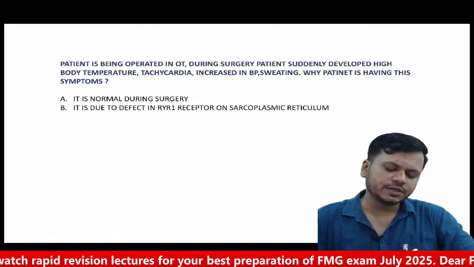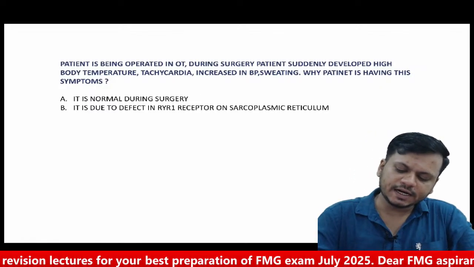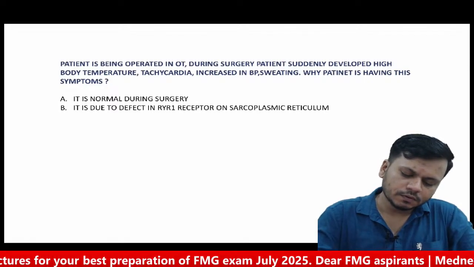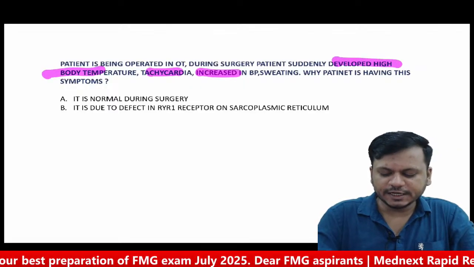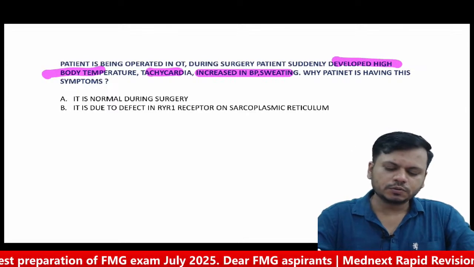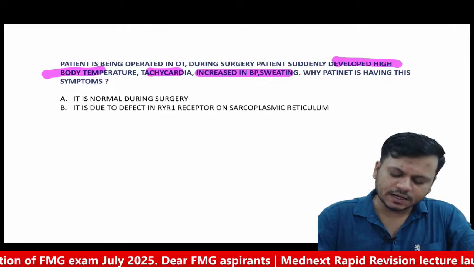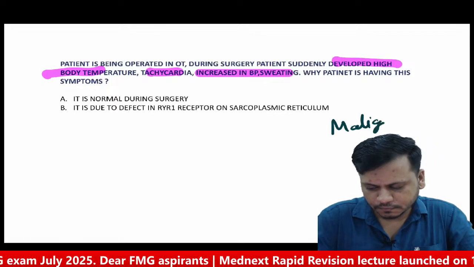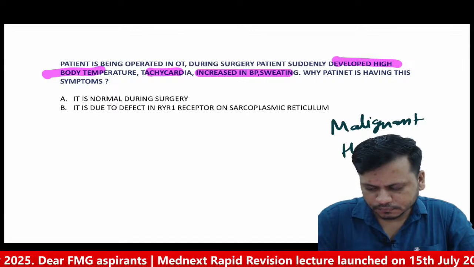Second question: a patient being operated in OT, during surgery suddenly developed high body temperature, tachycardia, increased BP and sweating. All of you are well aware of this question. What is the answer? The answer is malignant hyperthermia, right?